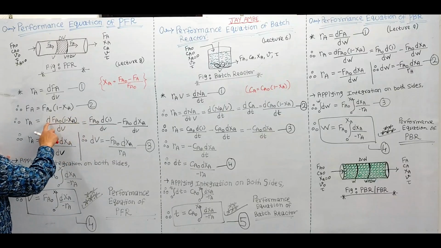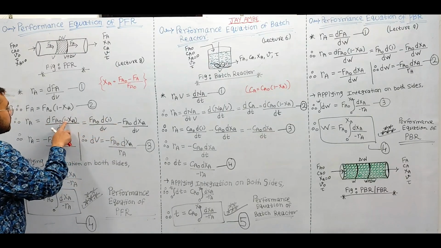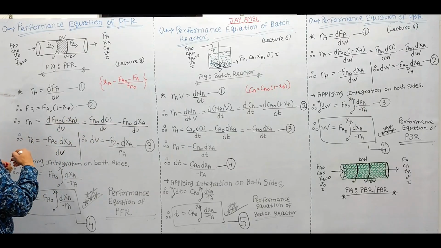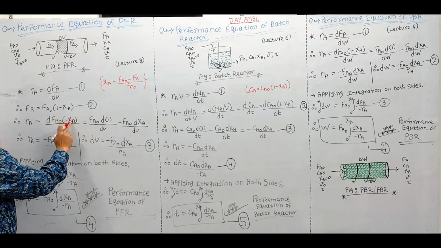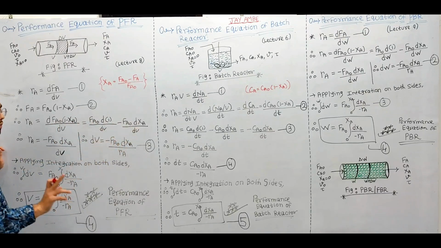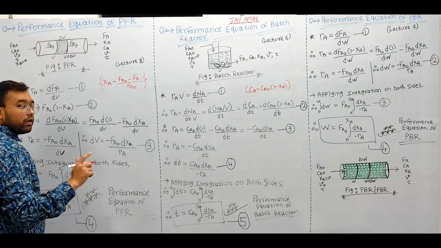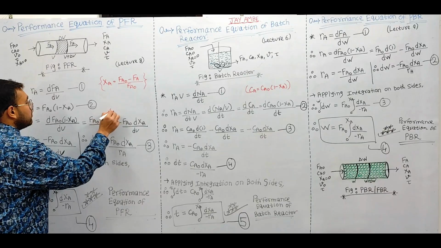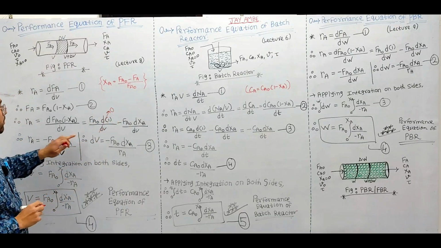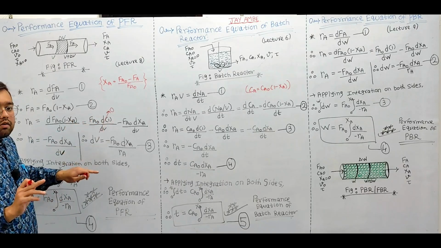So we can simplify in this form: FA naught into differentiation of 1 divided by dV minus FA naught into dXA by dV. I hope you have understood, right? Now the differentiation of a constant will be equal to 0, right? Because here we have constant FA naught and differentiation of 1, it's constant, right?